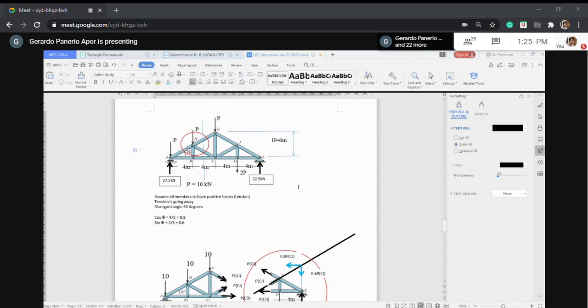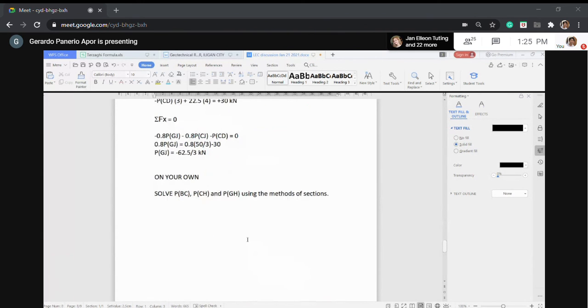Why are you interested in cutting GH, CH, and BC, not AE and EH? Because if you cut AE and EH, the unknowns will be EH and EB. You are not solving what is required. So you go direct to the problem.